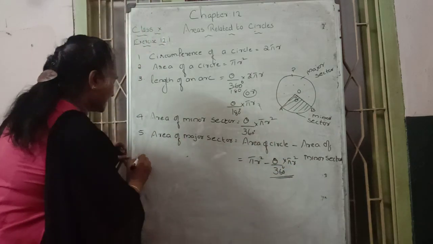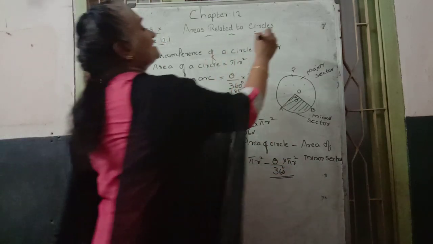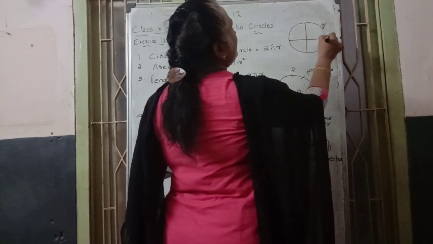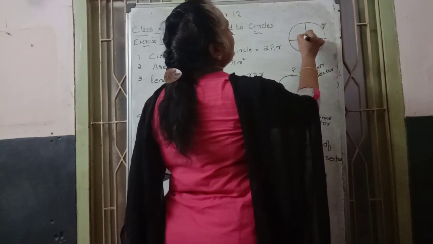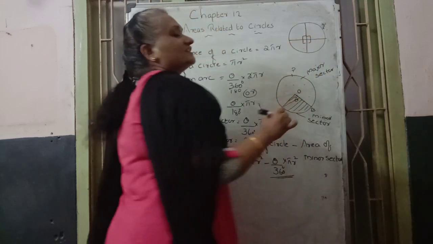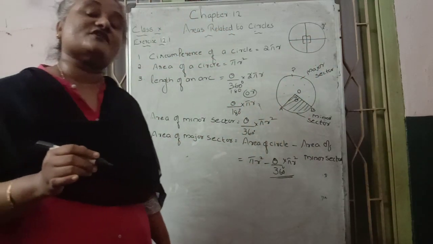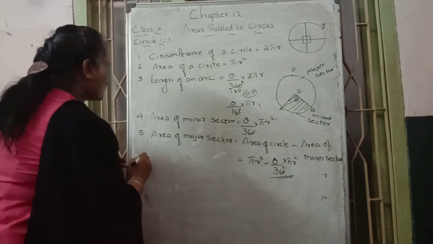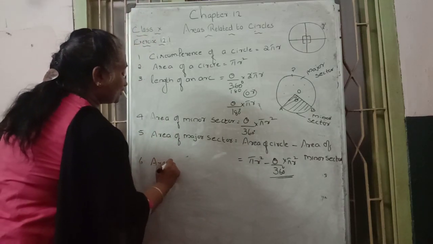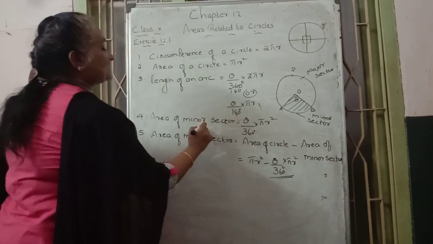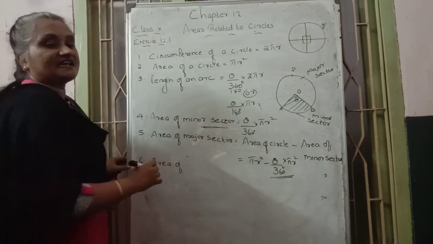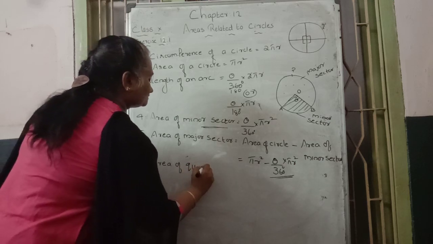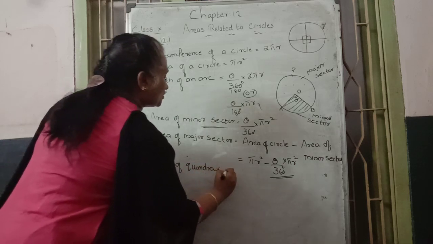That means the area of the major sector formula is pi r square minus theta by 360 degree into pi r square. One more formula also. We know that one full circle has how many quadrants? 4 quadrants. 4 quadrants means each makes how many degrees? 90 degrees. Suppose the theta value given is 90 degrees, then instead of the minor sector formula we can apply the area of a quadrant formula.